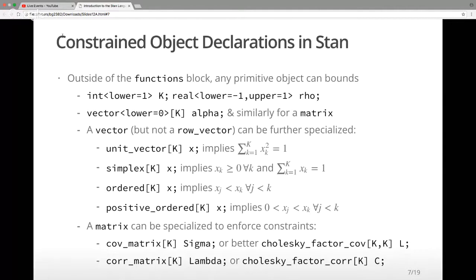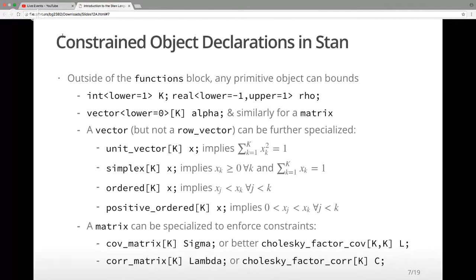So you can use those if necessary. With these specializations, you can't have lower and upper bounds beyond what's already implied by this. So you can't have positive_ordered and have an upper bound on that. But positive_ordered implies that they're positive and they're ordered. Questions about positivity, orderedness, or vectors?